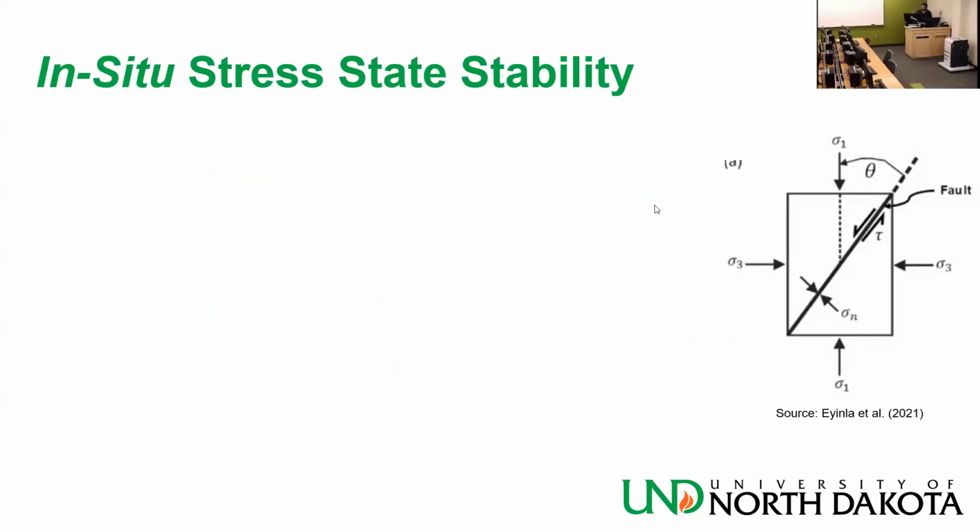So the logic I'm going to try to apply now is I'm going to say there are some stress states that, if they do exist, are going to lead to automatic failure. Some kind of automatic failure. So those states, I would say they are unstable and they cannot exist.